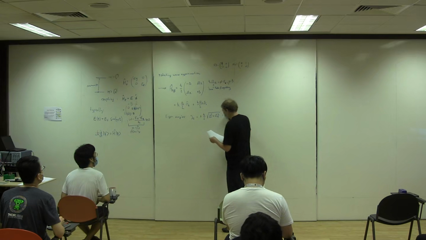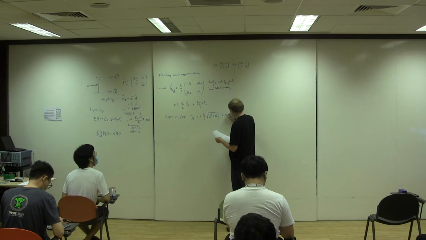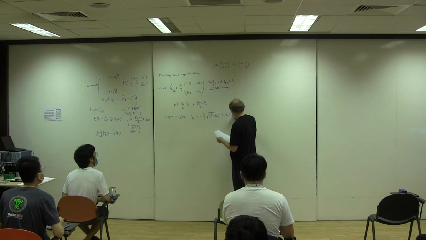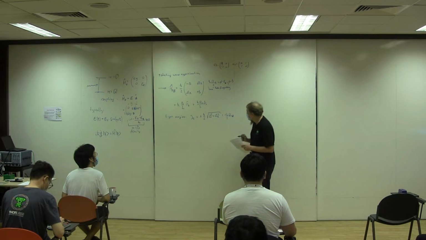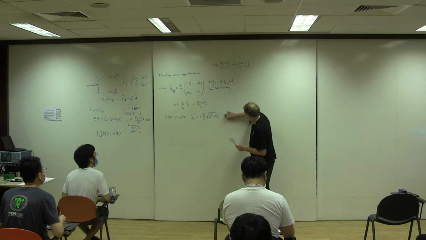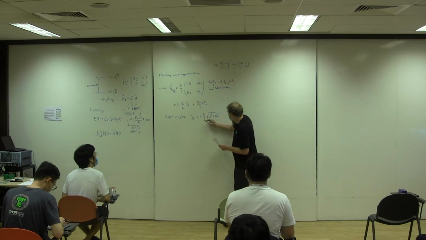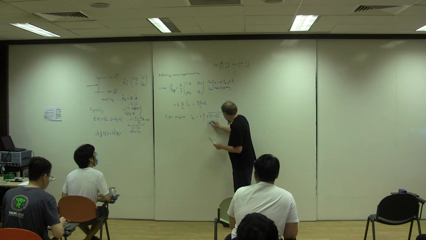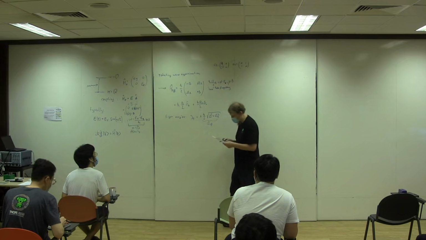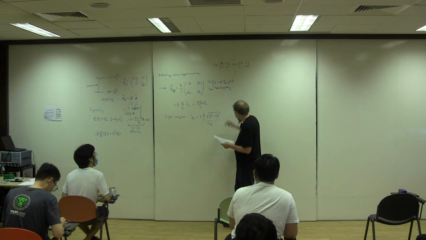That is sometimes written as plus minus h bar omega effective over 2. So let's call this omega effective, whereas this omega r is the Bayer Rabi frequency.